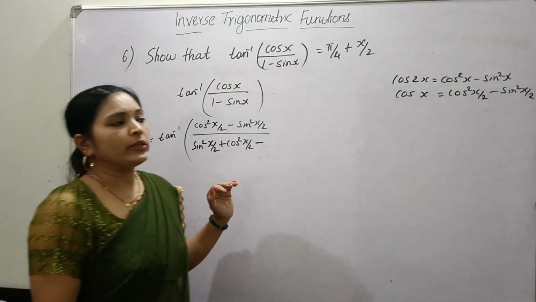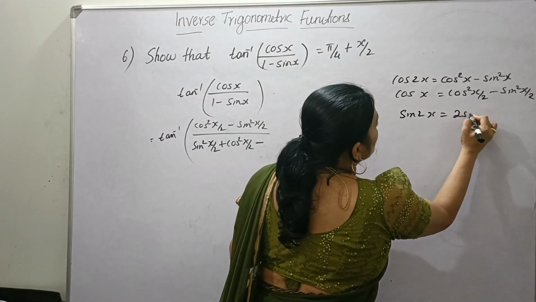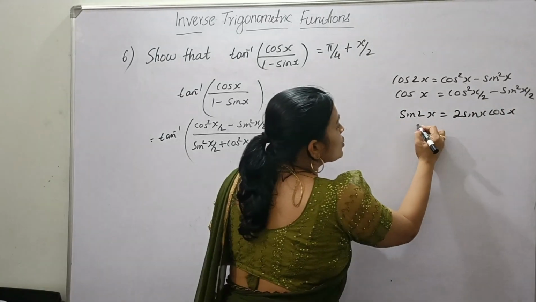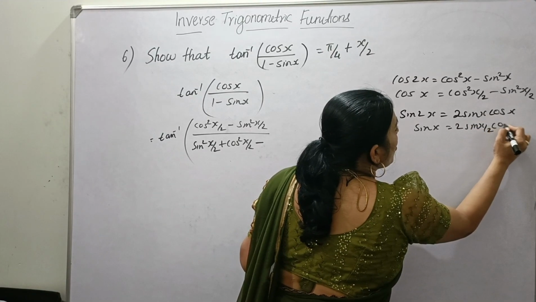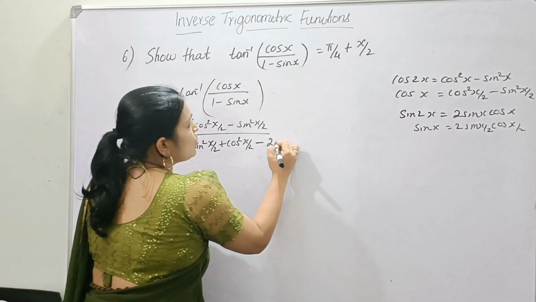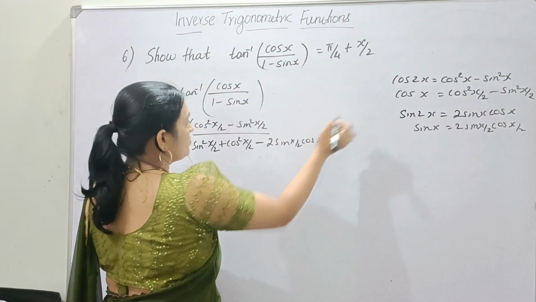We know that sin 2x is 2 sin x cos x, right? We have only sin x, so sin x is nothing but 2 sin x by 2 cos x by 2. Write it here, 2 sin x by 2 cos x by 2.